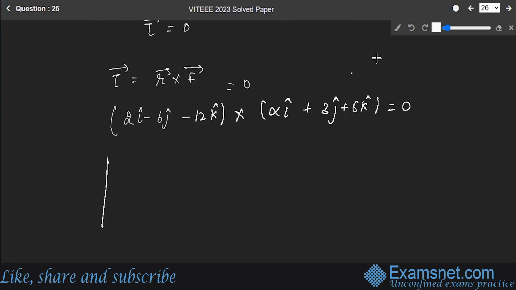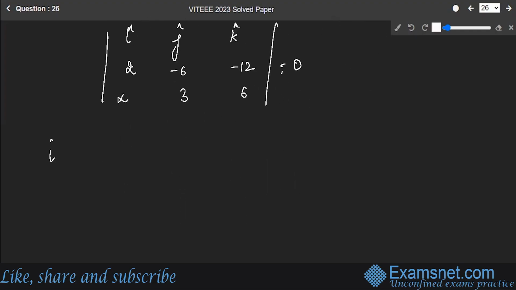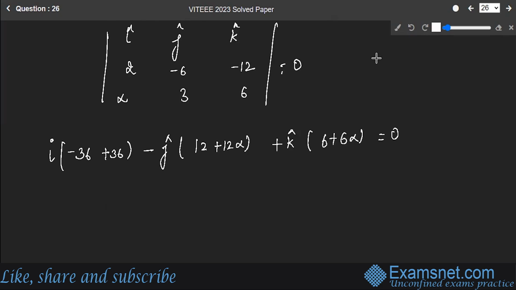So let's solve it. You have i, j, k, this is 2, minus 6, minus 12, alpha, 3 and 6. This determinant is equal to 0. So this will give me i times minus 36 plus 36, minus j times 12 plus 12 alpha, plus k times 6 plus 6 alpha, is equal to 0.